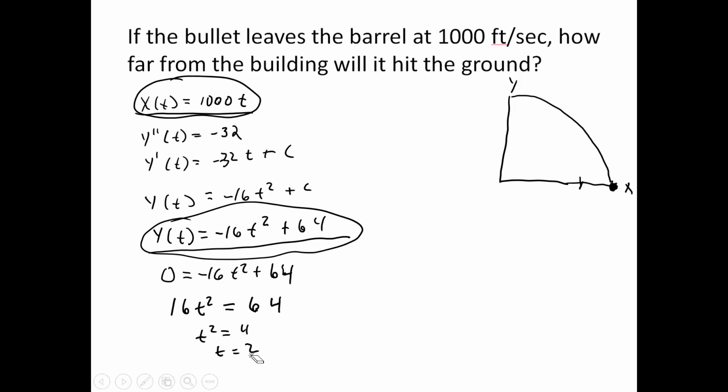It's going to take 2 seconds to hit the ground. Okay, now once we know that it takes 2 seconds to hit the ground, we can then figure out how far we've gone by using our horizontal motion formula. x of 2 is 1,000 times 2. So it will hit the ground 2,000 feet from the building.